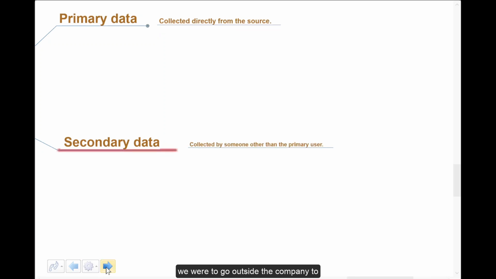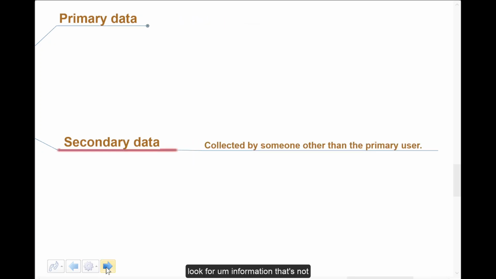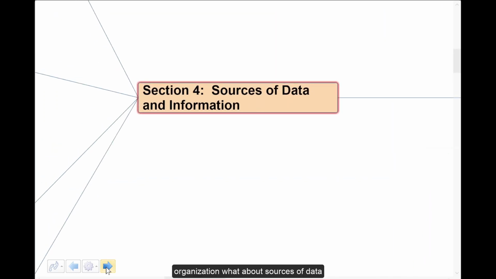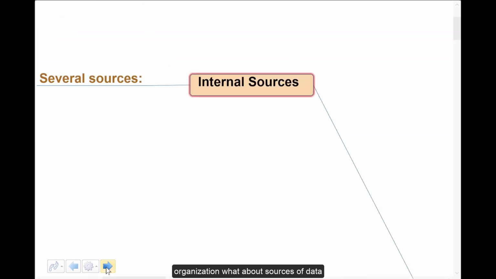Let's say if we were to go outside the company to look for information that's not internal, perhaps in relation to a competitor, perhaps in relation to industry statistics, etc. That's collected by someone other than the primary user, i.e. us. So broadly speaking, you might think of primary data in one way as internal data, although it doesn't have to be, and secondary data as data that's been collected elsewhere that you look for perhaps outside the organization.